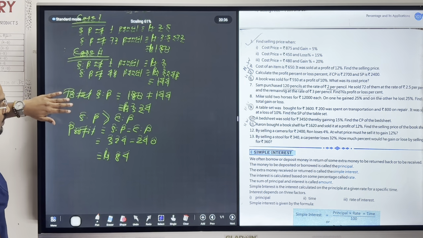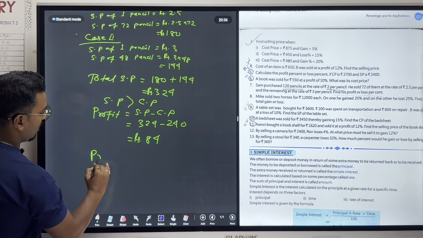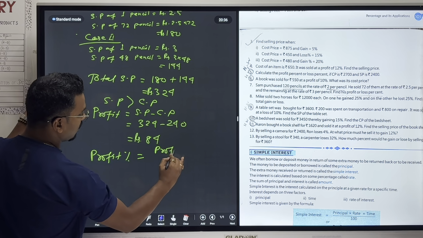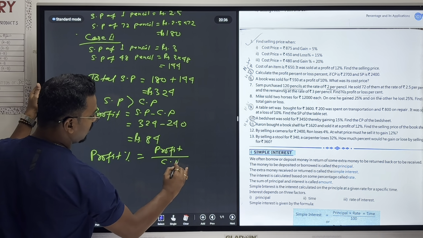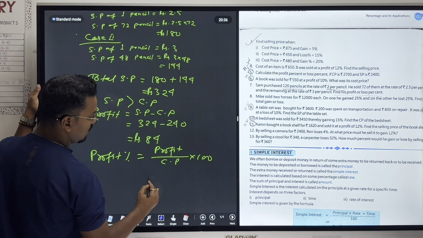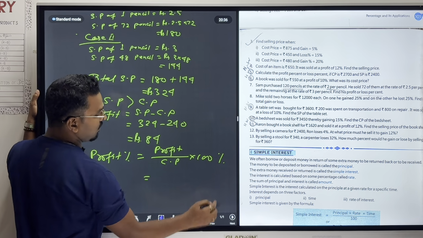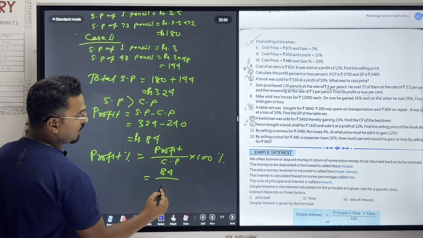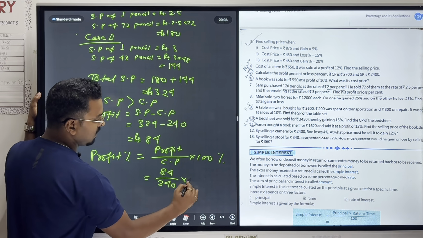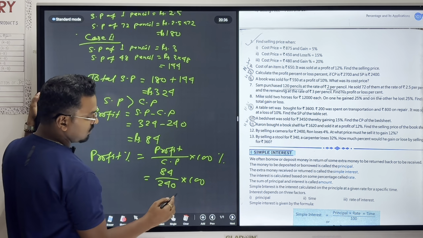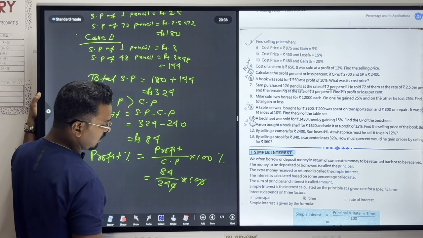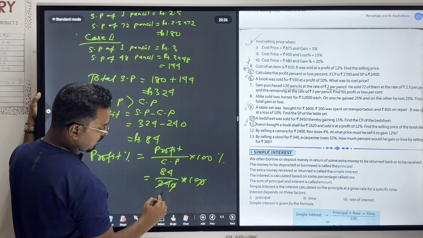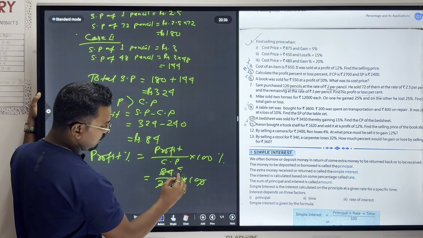To find the profit percent, we have the formula: profit percent is equal to profit by CP into 100. So it will be converted into percentage. What is the profit? Profit is 84 rupees. Cost price is 240 rupees multiplied by 100. If you cancel it, the 0 will get cancelled. 12, this will become 42.